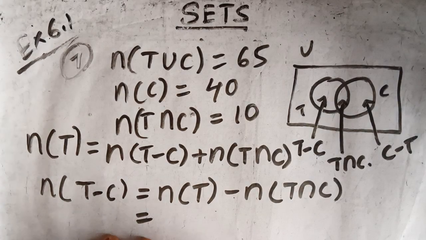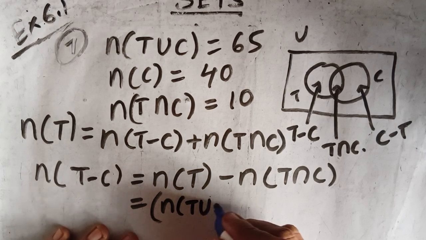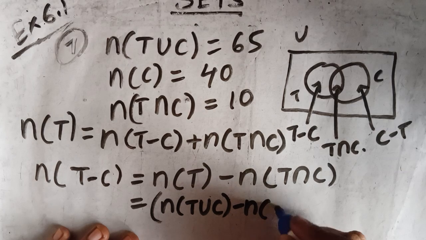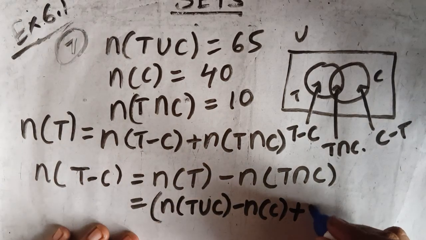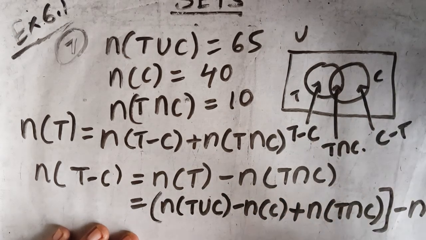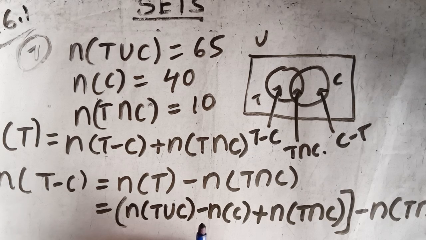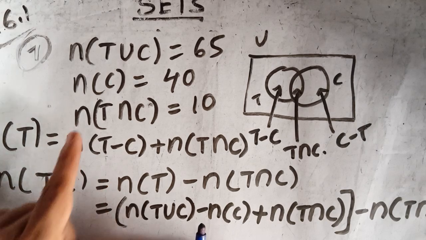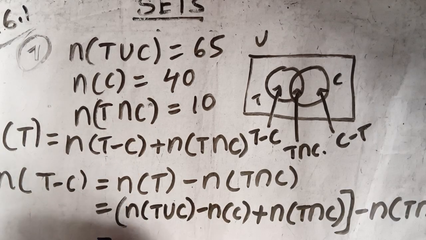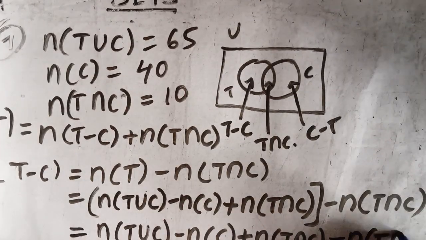I'll write here: n of T union C minus n of C plus n of T intersection C minus n of T intersection C. I've taken the formula of n of T union C, which is n of T plus n of C minus n of T intersection C. This gets cancelled.